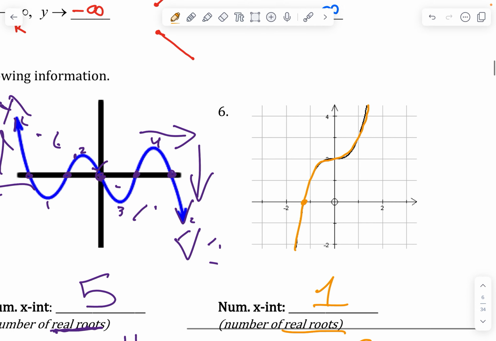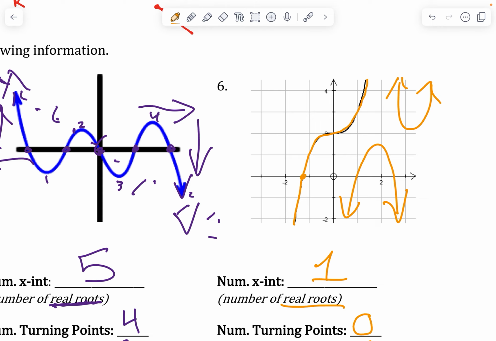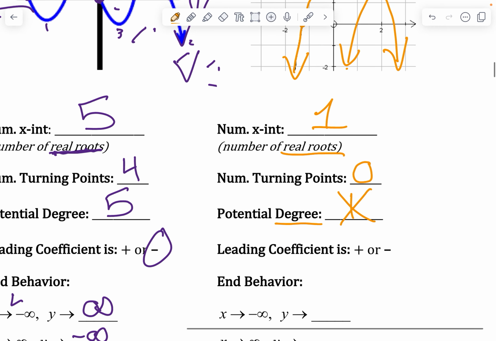Now, if I jump up 1, 2, does 2 really make sense here? No, because a degree of 2 is going to give you a parabola that either opens up or down. And same thing, every parabola has arrows going in the same direction. My arrows are not going in the same direction here. They're going in opposites. So that's why I'm going to say that this potential degree is 3.